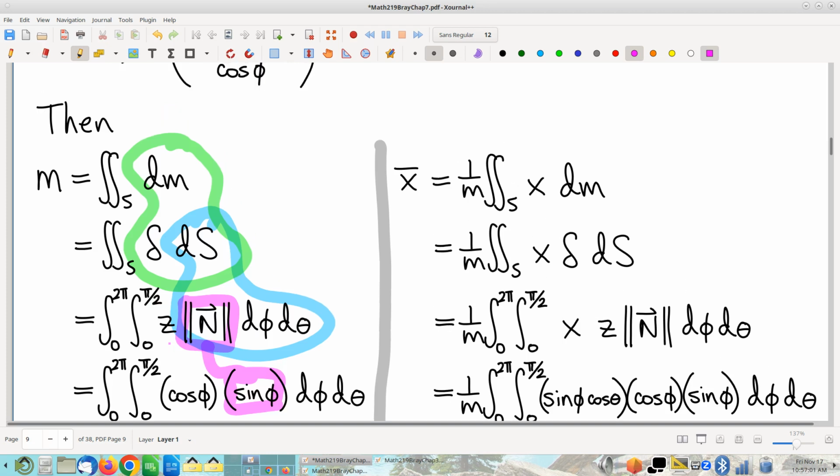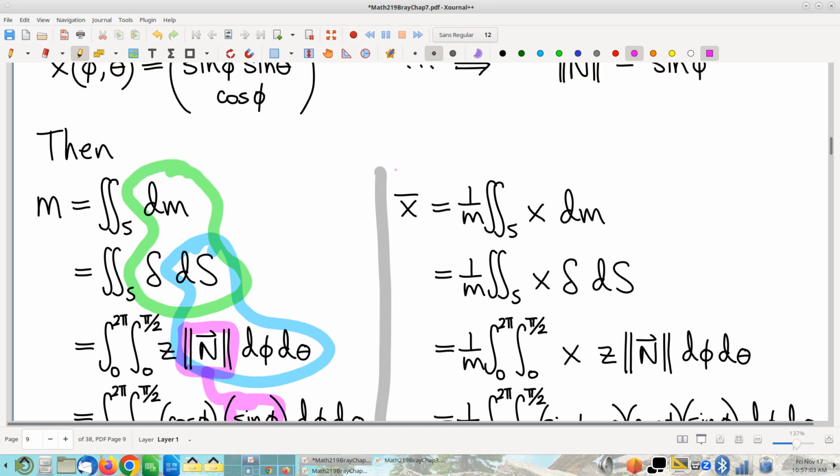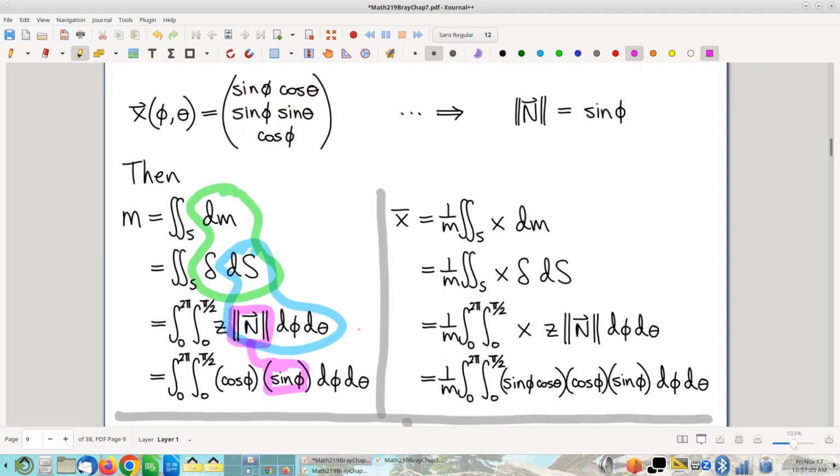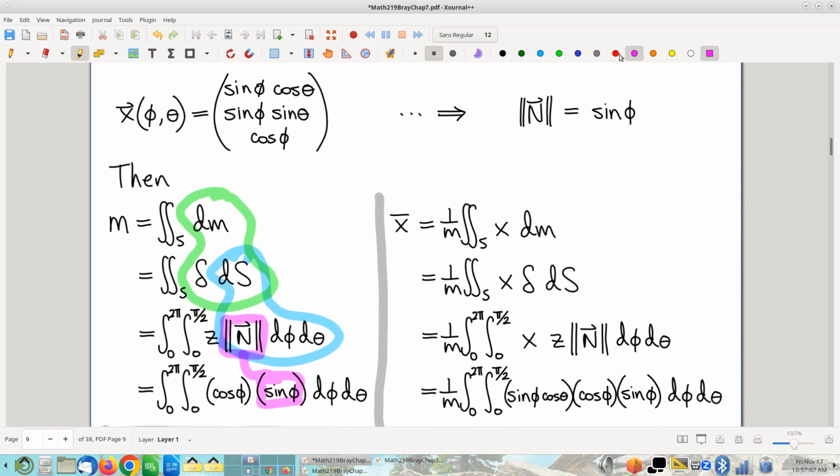Don't forget one thing, easy to lose track of: when you parameterize, that parameterization is also telling you explicitly what your variables x, y, and z are. So this is not just some abstract vector. These are literally telling you that's x, that's y, and that's z. So specifically, z being cosine phi is what happens over here.